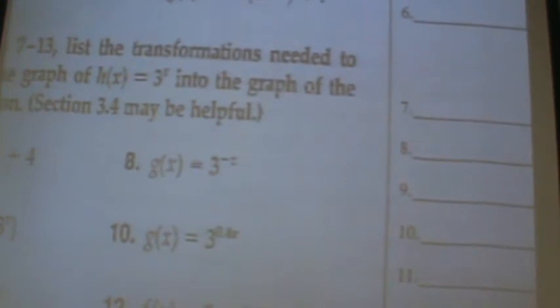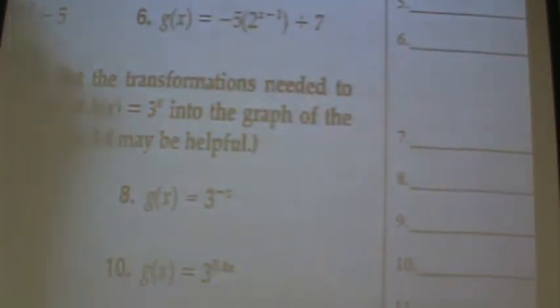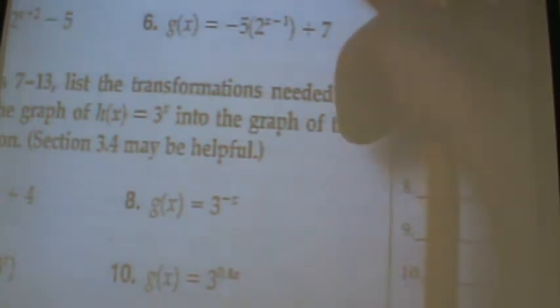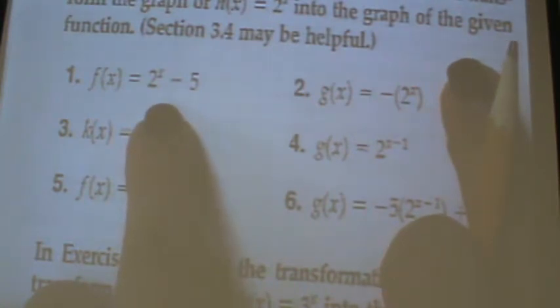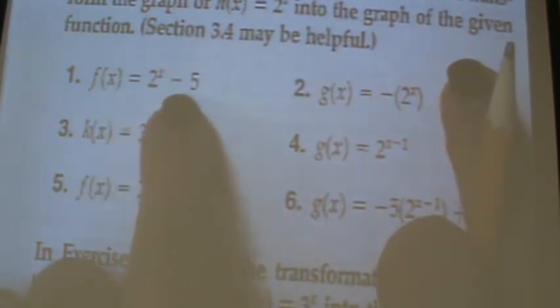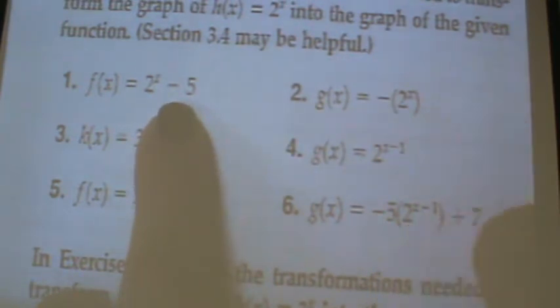Questions? Okay, so for this homework assignment, which is on the next page, the first 13 problems came from your book. This should take literally 3 minutes to do. All you're gonna do is talk about the transformation. So for one, what's your transformation? 5 down.